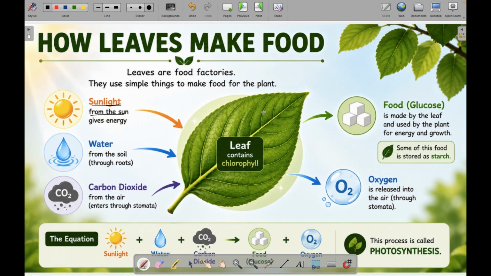We have already seen that it is the leaf blade or lamina that contains chlorophyll, and that chlorophyll absorbs the sunlight. Okay. The second thing it needs is water. Water comes from the soil via the roots and then travels to the leaf, wherein it is carried by the veins. The third thing that it needs is carbon dioxide. Carbon dioxide comes from the atmosphere and enters the plant.